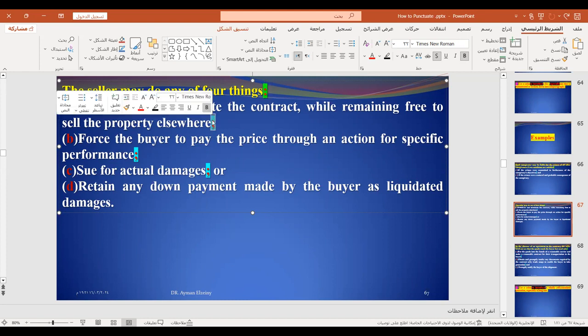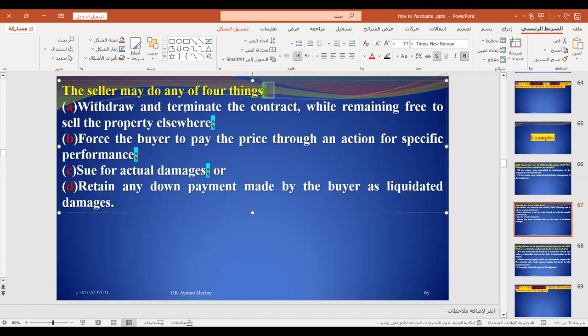After "elsewhere," we could put a semicolon. But after the first phrase, "The seller may do any of four things," because the following content provides such an explanation, providing such cases or things, we have to put a colon here.